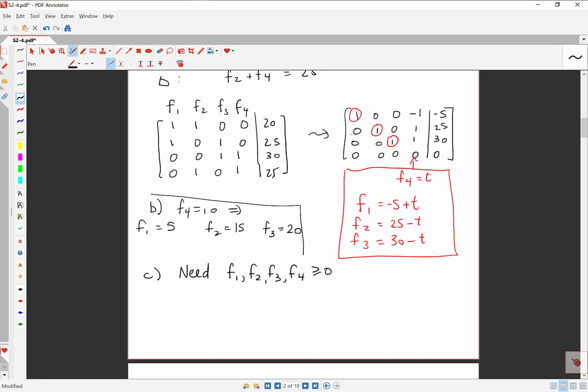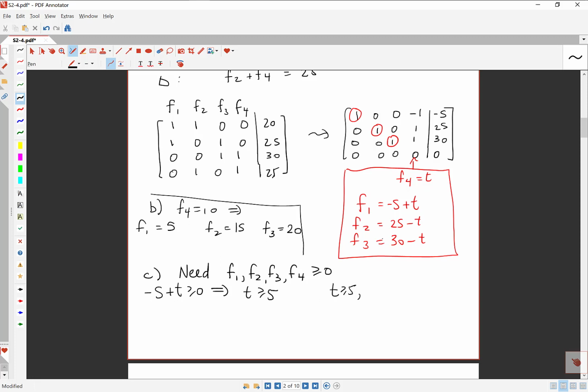So we're just going to systematically go through these different F values and figure out what non-negativity forces. So for F1, if we want -5 plus T to be greater than or equal to 0, we could rearrange that to say T has to be at least 5.